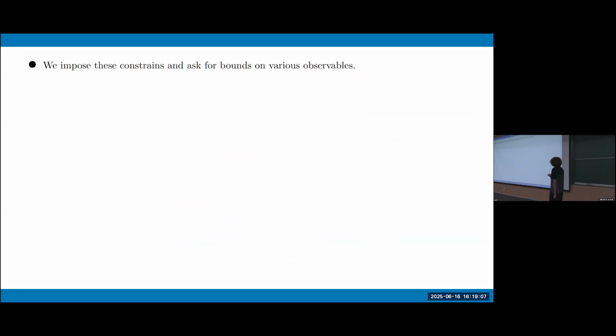Now, with these constraints, we can ask about bounds on various observables. And I don't want to emphasize the numerical methods. For those that know, you can use primal methods, dual methods. They give effectively the same answer. For those that are not familiar with these methods, you just assume that everything is done analytically, which is approximately true.